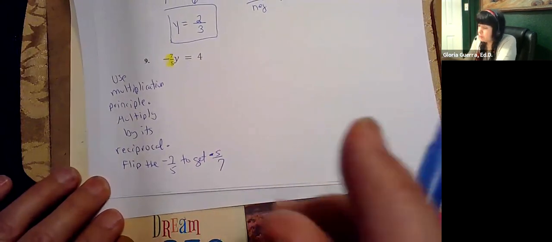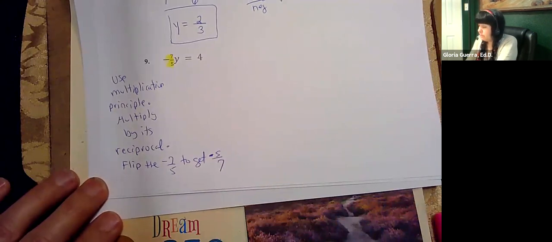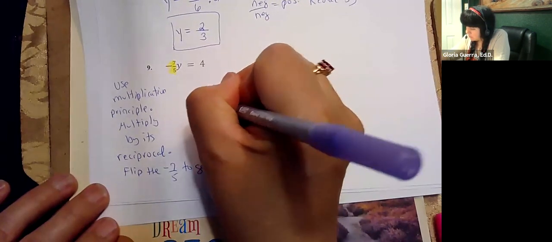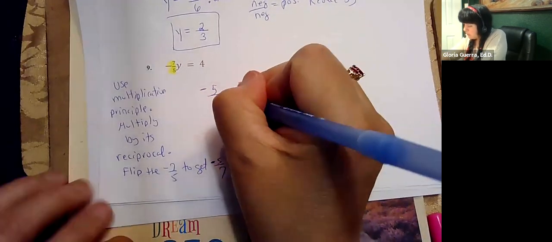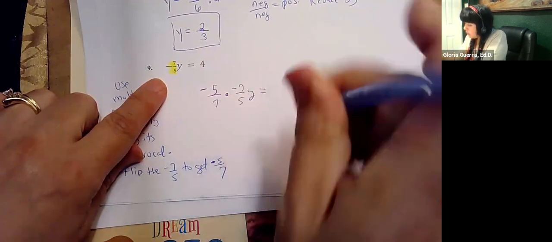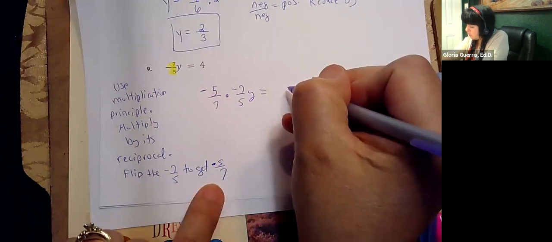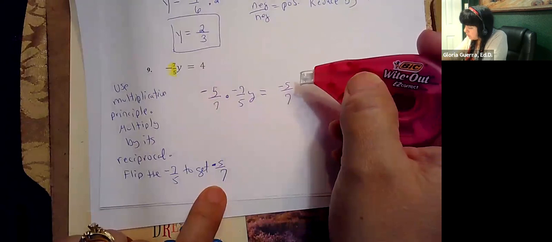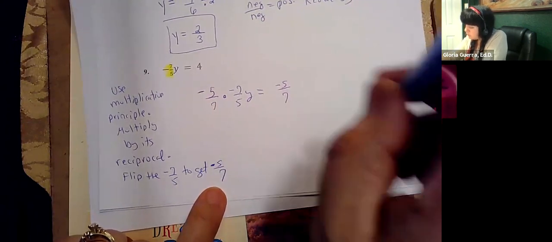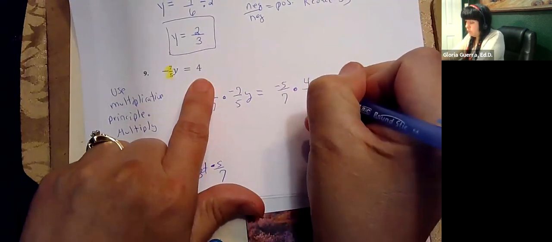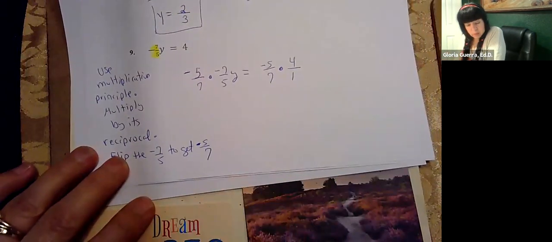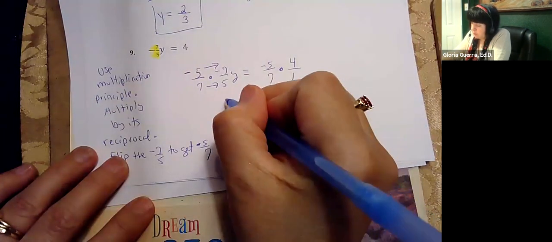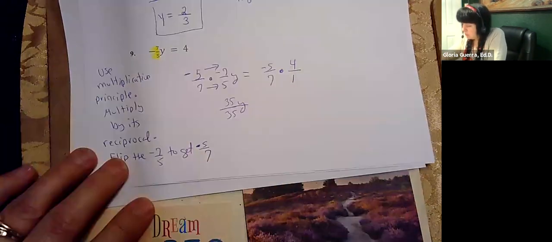So when I multiply by the reciprocal, I take my -5/7 and multiply by this side, -7/5 y. Then I take the reciprocal times the other side, which is 4, or 4/1. On this side, negative times negative is a positive, 35/35 y, and these divide out.